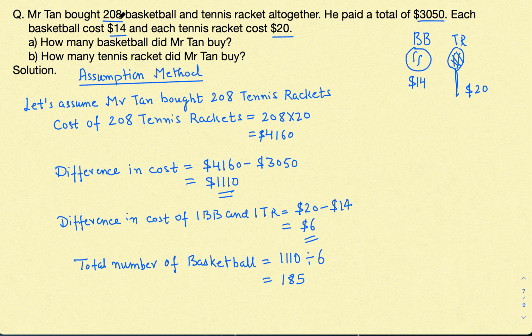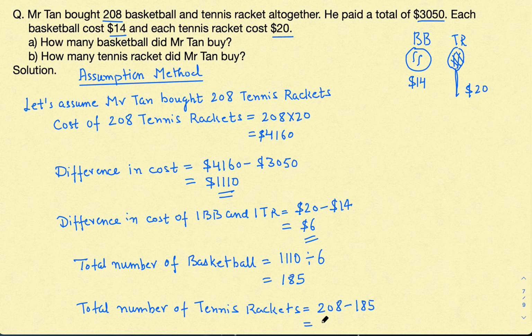Since we know the total number of sports items he bought is 208, we can easily find out the total number of tennis rackets he has bought. It's pretty straightforward. It is 208 minus 185.